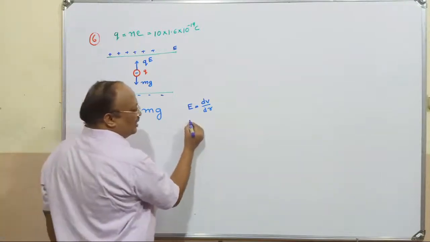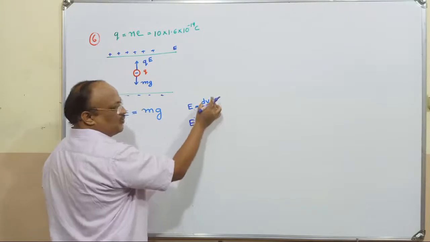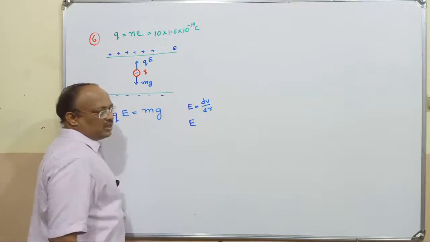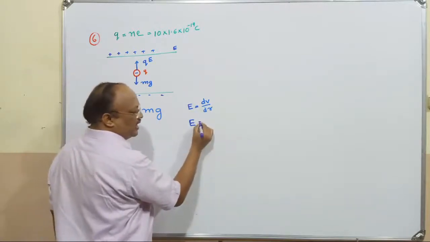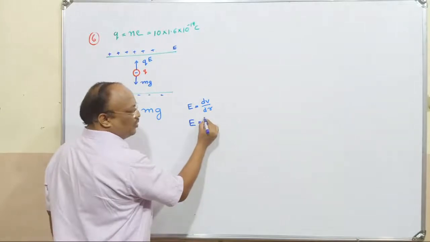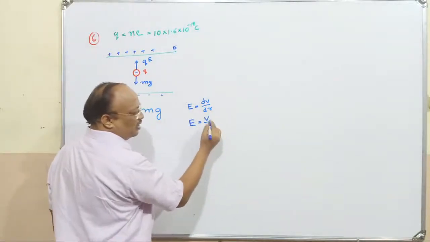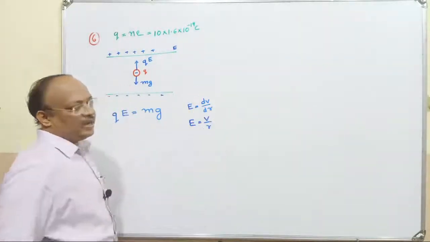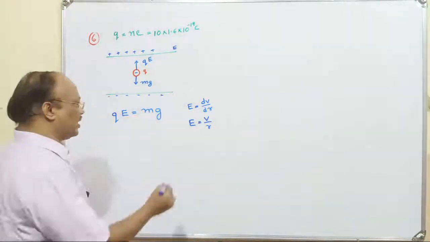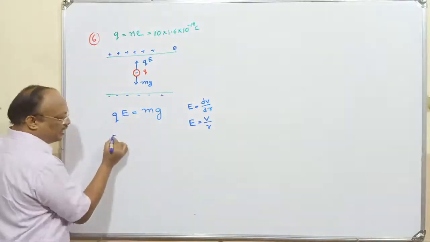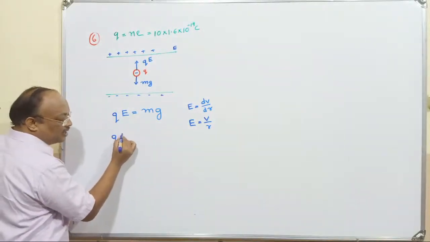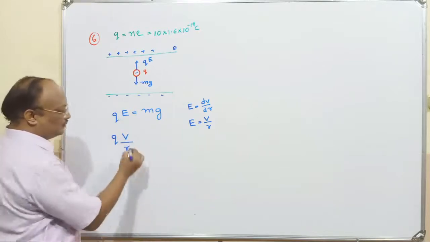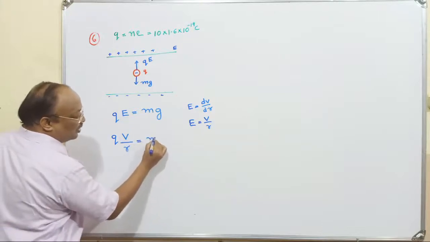This is for very small change in voltage with respect to small change in distance. For little larger distance, I can write it as V by R. So in place of E, I will substitute V by R is equal to mg.